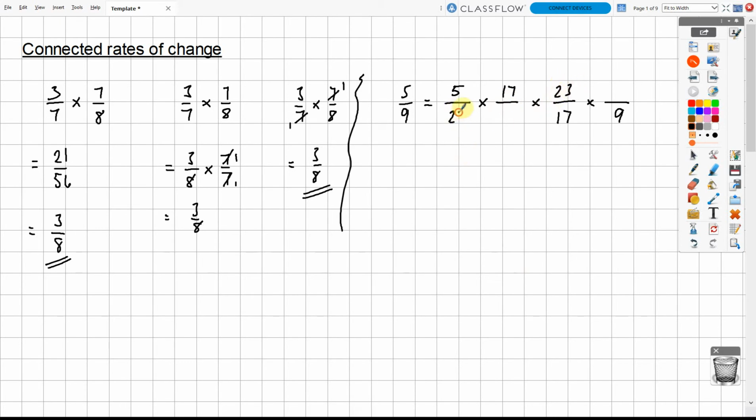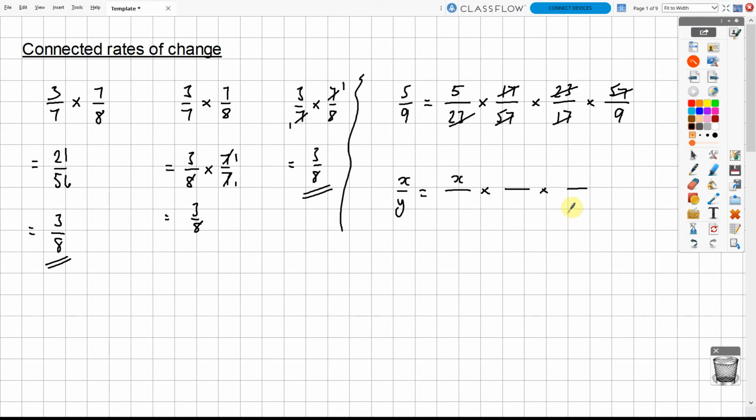23 over 23 is 1. 57 over 57 is 1. This horrendous looking sum will definitely have an answer of 5/9 because I've set it up so that they will all cancel. I can do it with letters as well. x over y equals something times something times something.